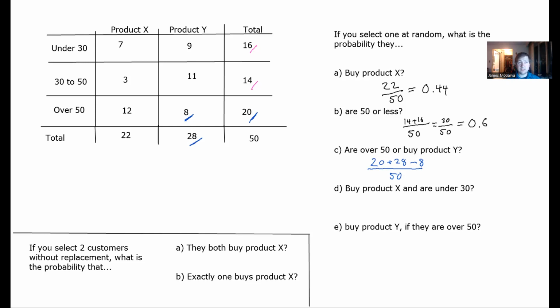In fact, all of these are going to be out of 50 until we get to the conditional probability. If you don't have a conditional probability, then everything's going to be out of this grand total. Right? So what do we get here? We get 40 out of 50 or 0.8. Right? So that's the OR, right? The OR is a little bit of work. It's not quite as easy as the other ones.